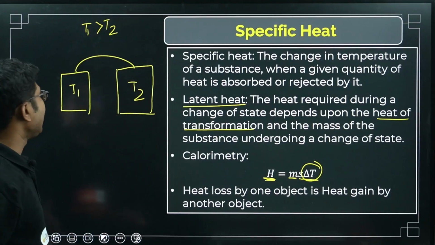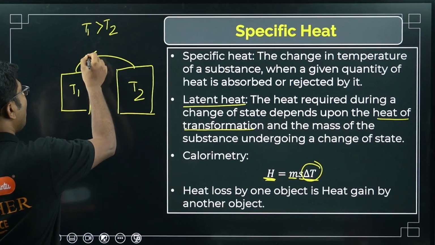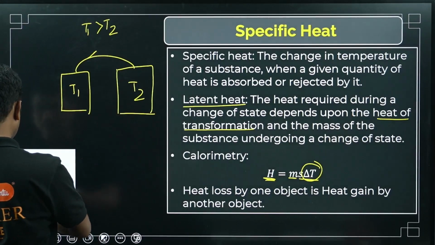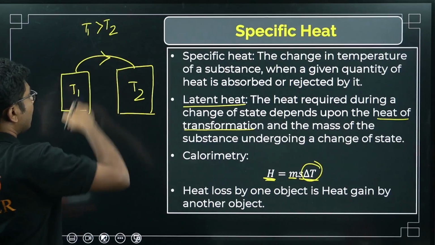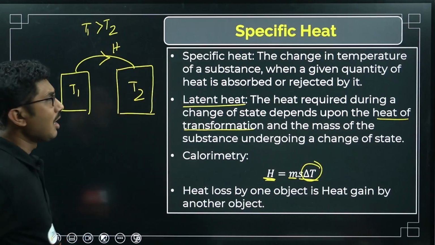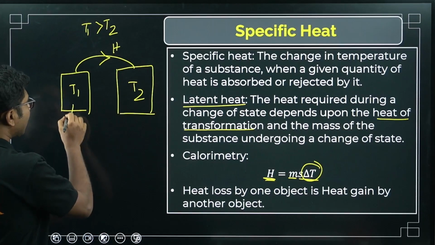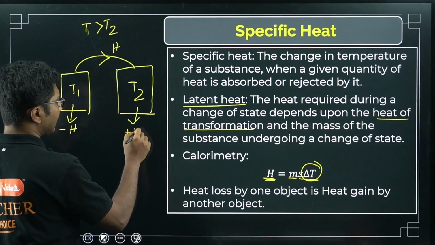Then heat will flow from T1 to T2. T1 is greater, so T2 will gain the heat. So now we can see that this object will lose some heat and this object will gain some heat.